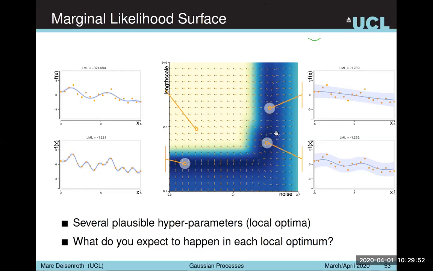Here at the bottom right, we still have a lot of noise, but the length scale is a bit shorter, so you can see that the function varies a little bit faster. The marginal likelihood value is a little bit better than up here. And at the bottom left, we have very low noise and a very short length scale.